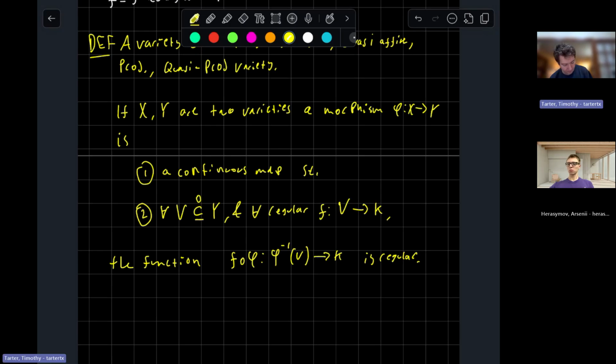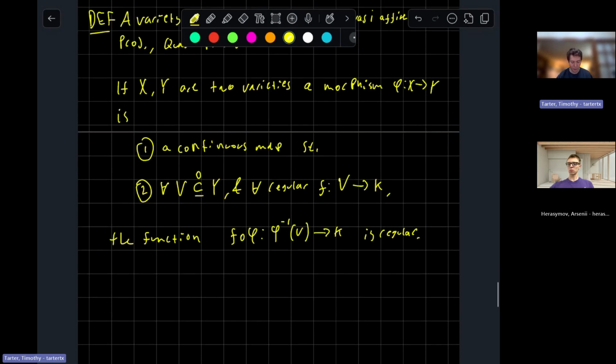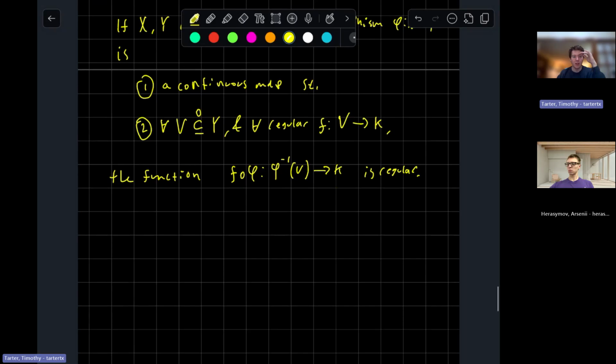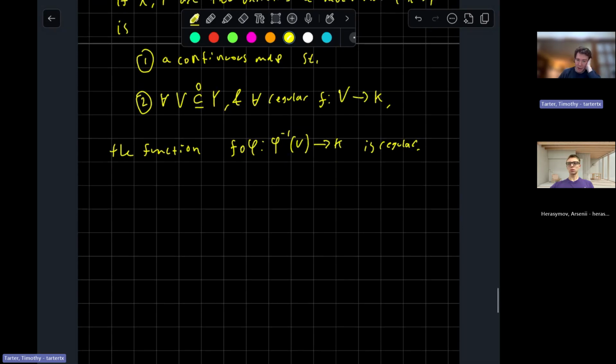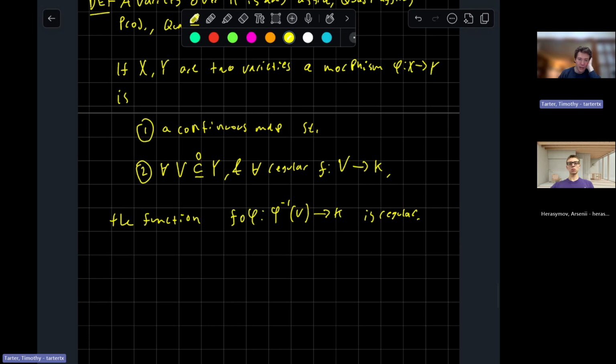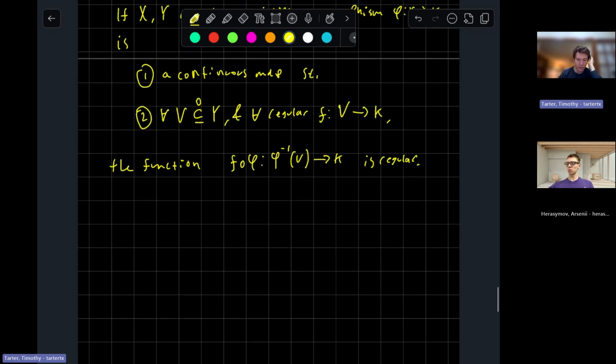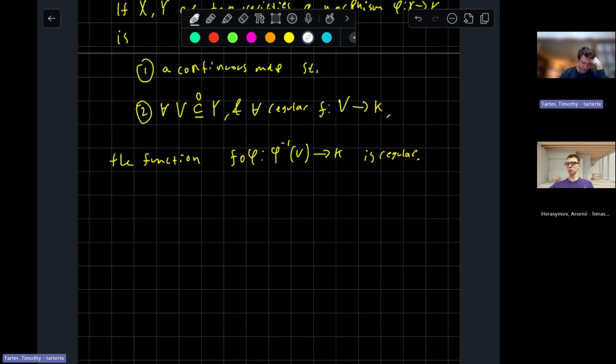So a morphism is a mapping between varieties such that the composition of any regular function with that mapping is regular, right? I think a picture here is worth 1,000 words.